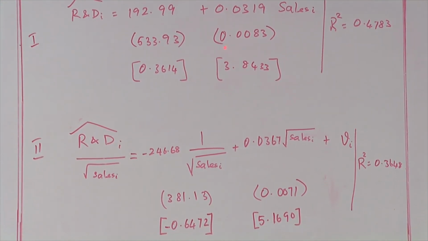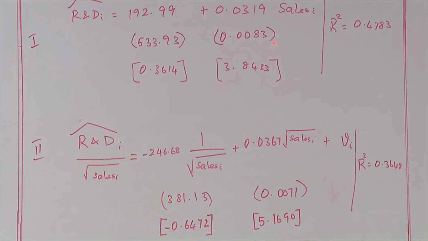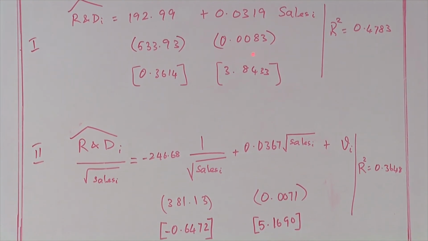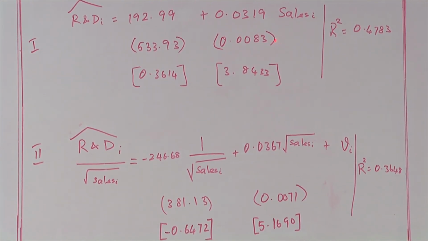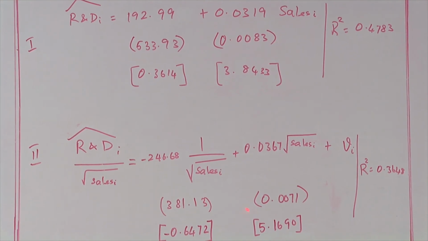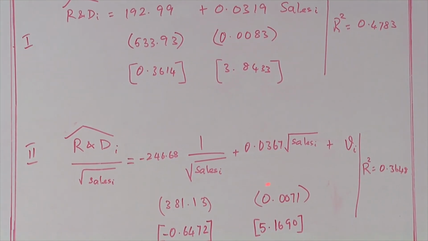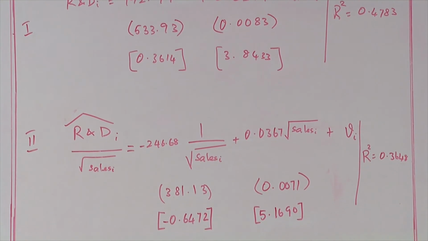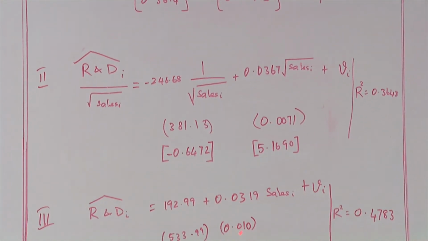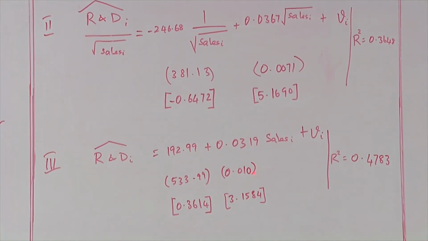So, this is the standard error computed in the presence of heteroscedasticity in the OLS. This is the standard error of the GLS procedure, and this is the heteroscedasticity corrected standard error.